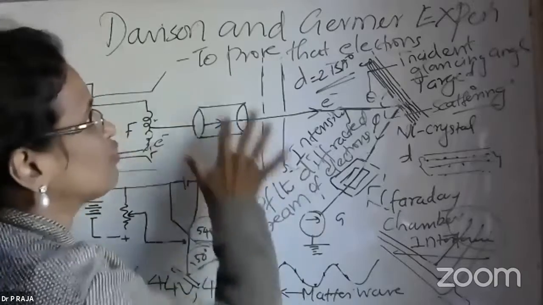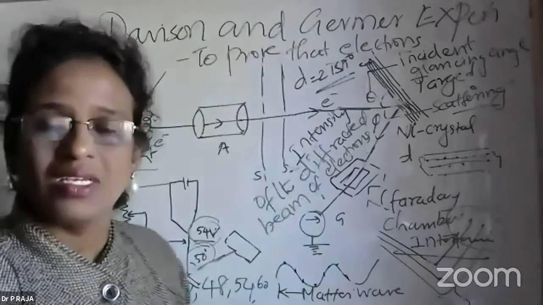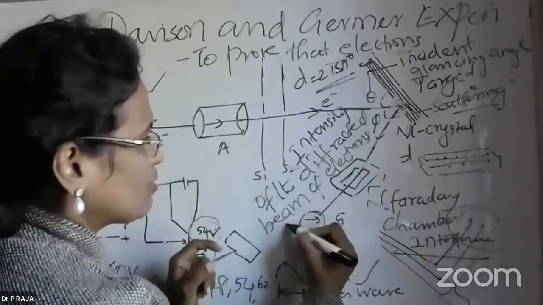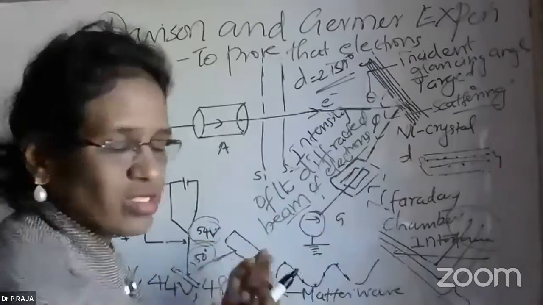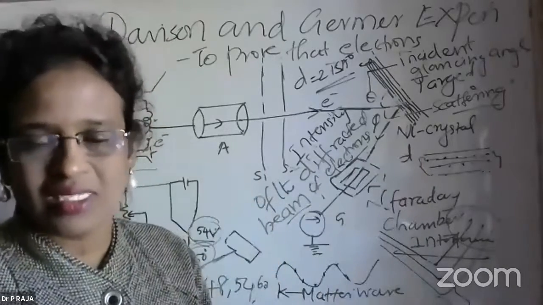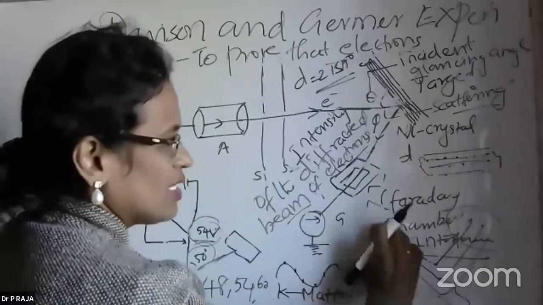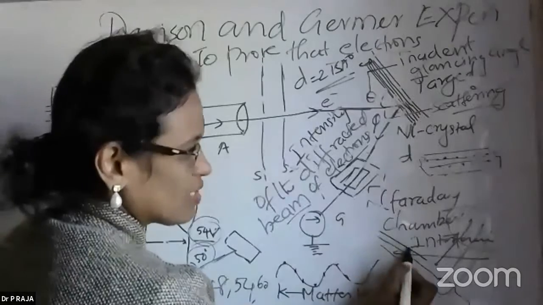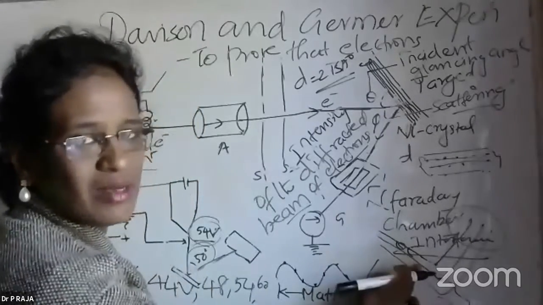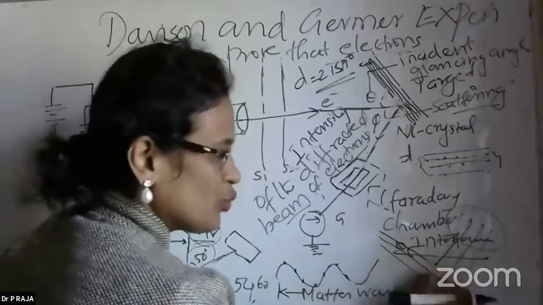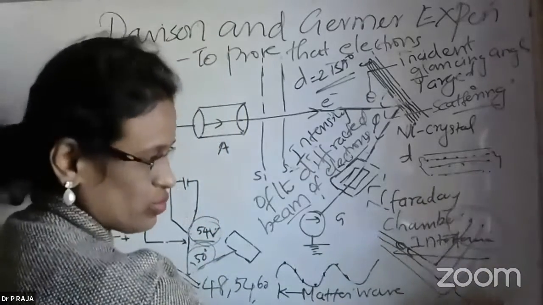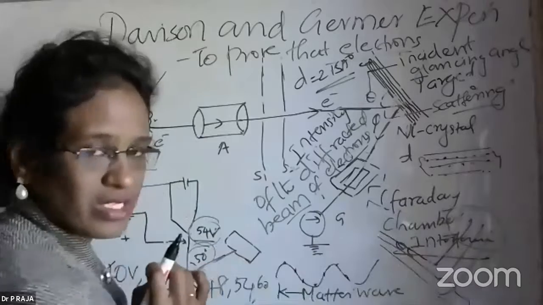That was the proof that Davisson and Germer gave, that there is a diffracted beam of electrons with a particular intensity. And as I said, if this is the incident wave, when it hits a target material you will get a reflected beam, and some will be transmitted also if they are not hitting it at a particular angle.